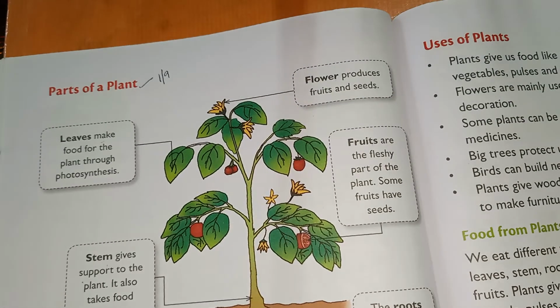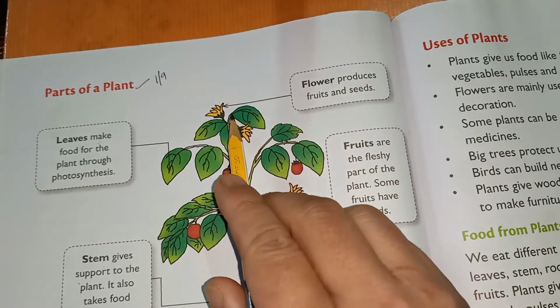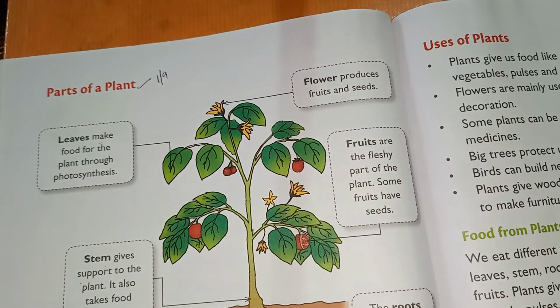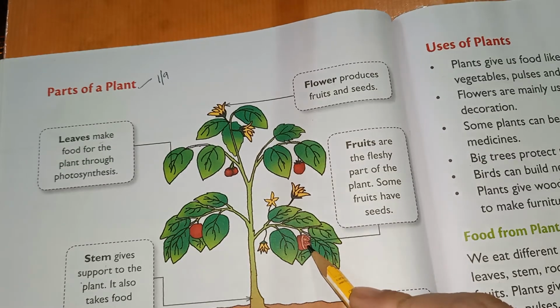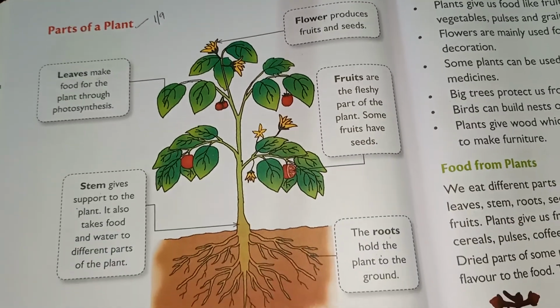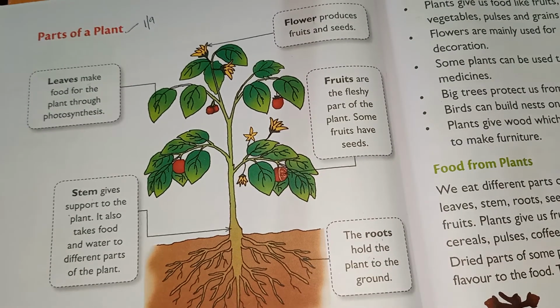The bright and colorful part of the plant which produces fruits and seeds is called flower, and the fleshy part of the plant which stores food and also contains seeds inside is called fruit. So these are the 5 different parts of the plant that we have learned in this chapter.